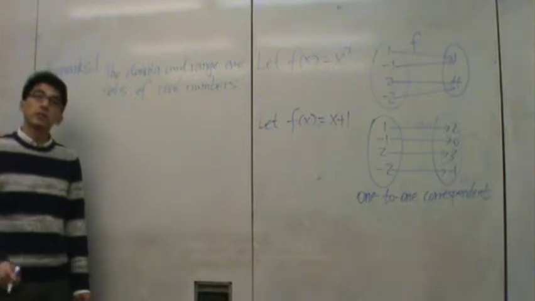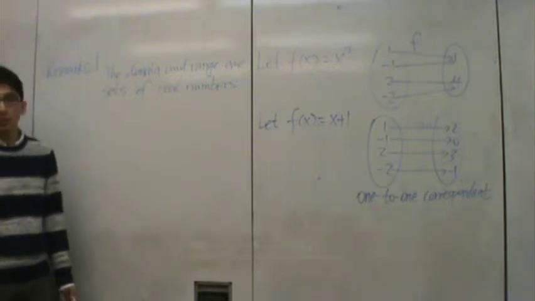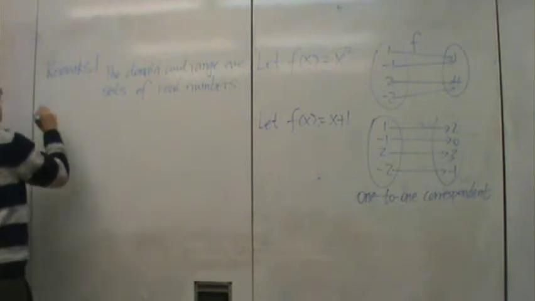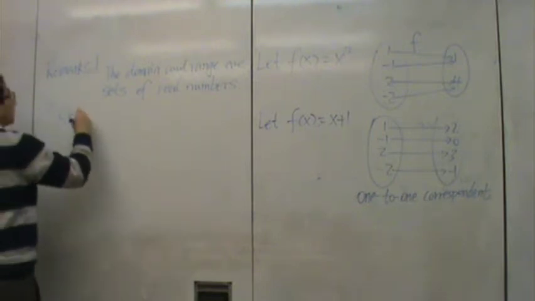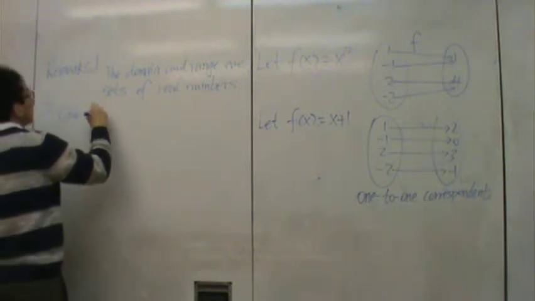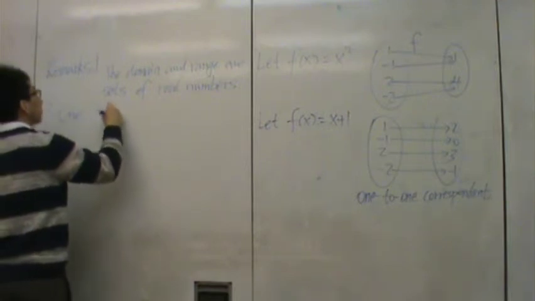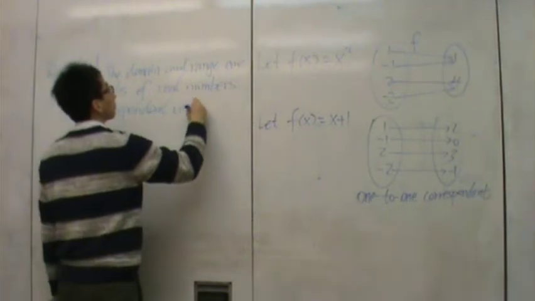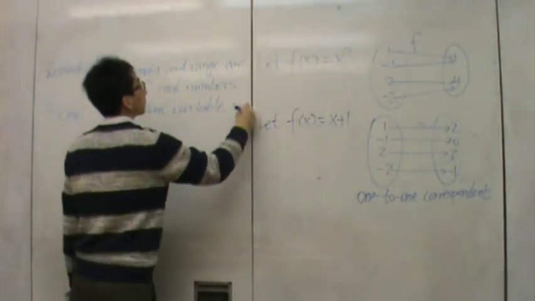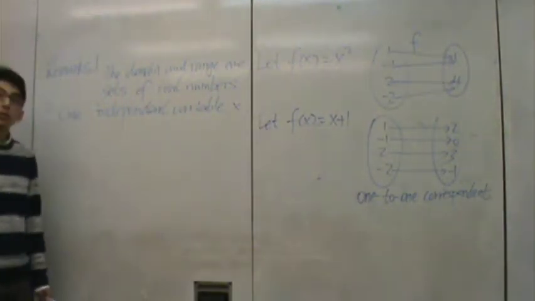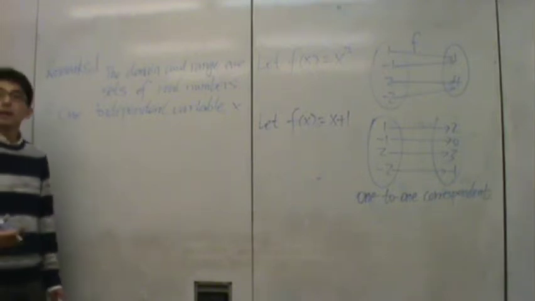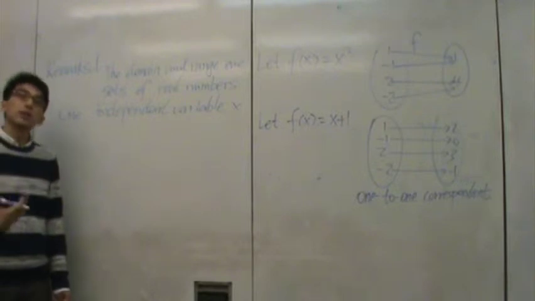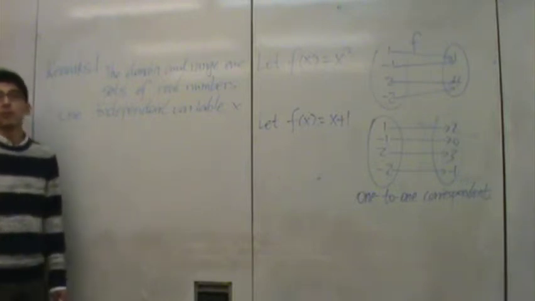You can learn that from a class on complex variables. Secondly, the function we defined contains only one independent variable. Actually, a function can have more than one independent variable. And you can learn it from multivariable calculus.